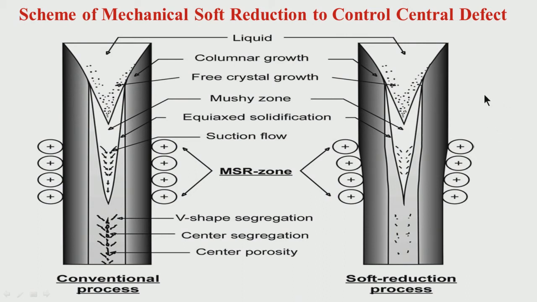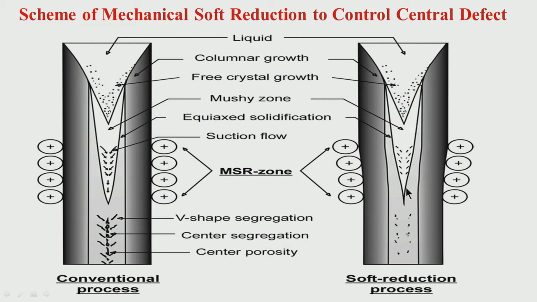Because their microsegregation is relatively more. Because microsegregation is more, the segregating elements will get a chance to segregate towards the last stage of solidification. So these defects are relatively more in slightly higher carbon chemistry which has higher carbon, or in stainless steel which has higher nickel equivalent by chromium equivalent.